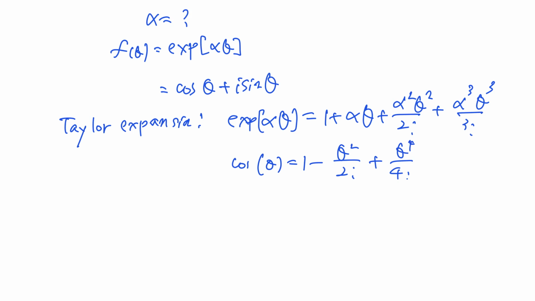Sine theta is theta minus theta cubed over 3 factorial.